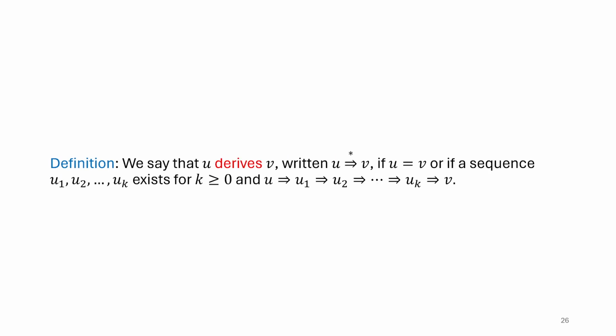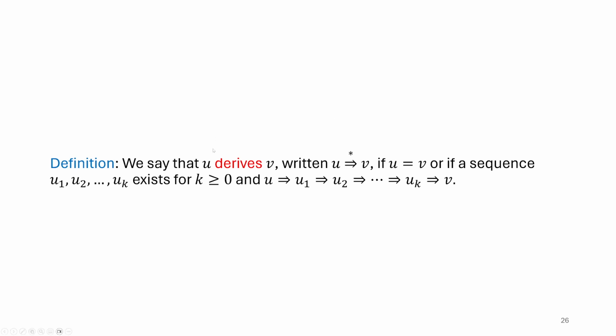And continuing that, now we can talk about what it means to derive a string in more formal terms. Again, we're defining the term derives, but also this symbol with the star over it. We're still using the yield symbol, but the star over it means basically you can follow it as many times as you want. So it's not just one step of the rule that gets you from U to V. It's as many steps of rule replacements as you need to get from U to V. And again, that's just formally spelling this out.